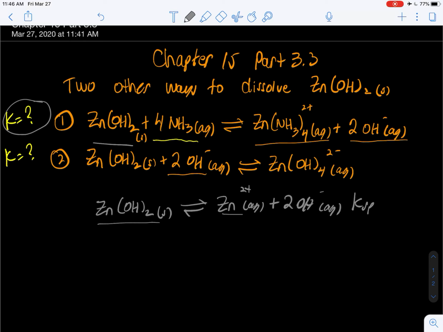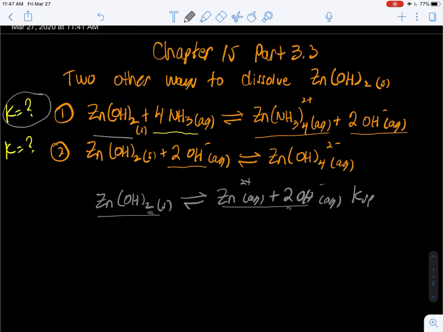Now we want to focus our attention on the ammonia bit. Ammonia can react with zinc ion to form this complex here. So zinc ion can react with 4 ammonia molecules. We know it's 4 because of that little subscript there.